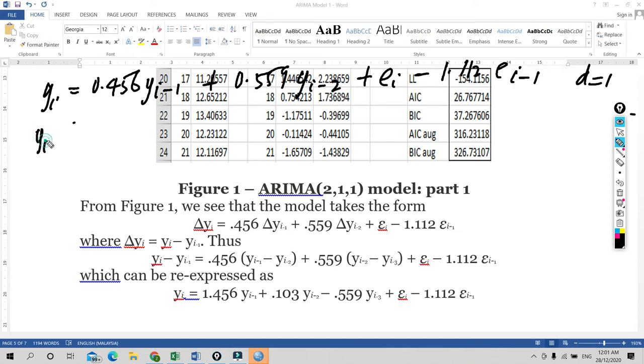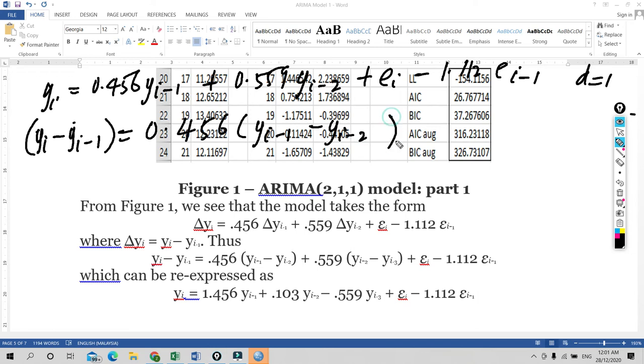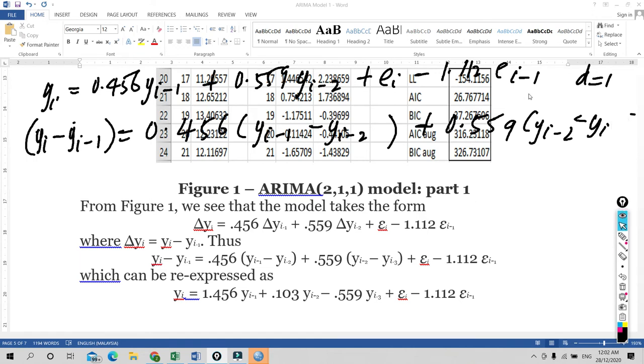So here it becomes y i minus y i minus 1 equal to 0.456 times (y i minus 1 minus y i minus 2), plus 0.559 times (y i minus 2 minus y i minus 3), then plus epsilon i minus 1.112 epsilon i minus 1.